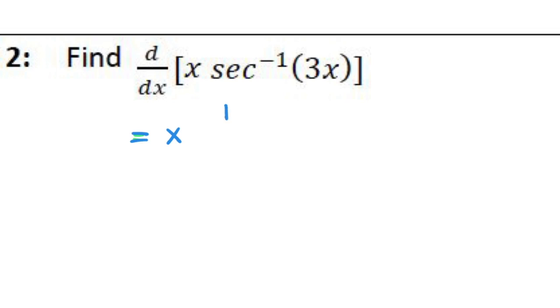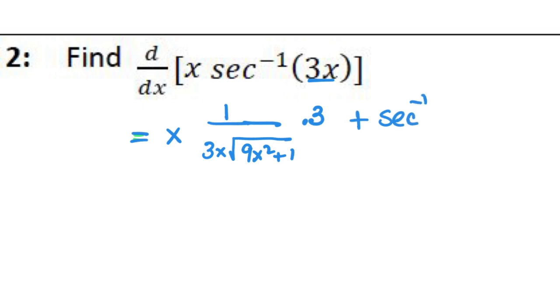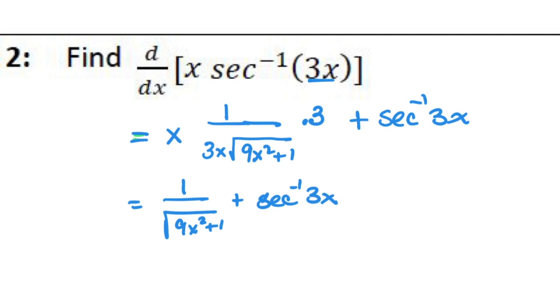So that's 1 over 3x square root of 9x squared plus 1 multiplied by the derivative of 3x, which is 3, plus the second part of the problem, which is the secant inverse 3x multiplied by 1. Clean up your problem just a little bit, and you have 1 over the square root of 9x squared plus 1, plus that secant inverse 3x.